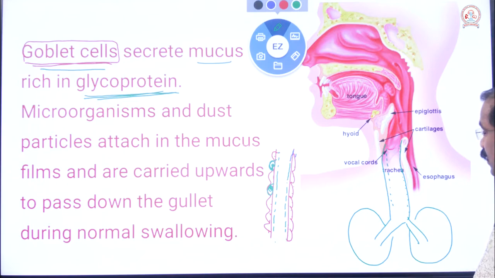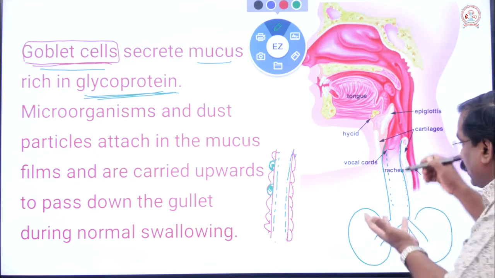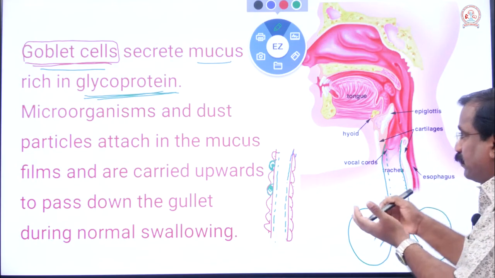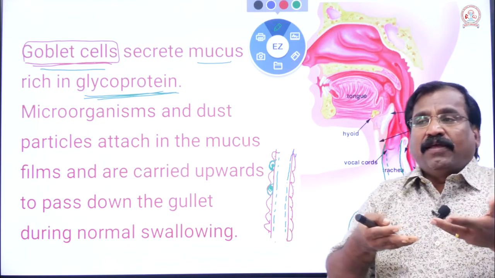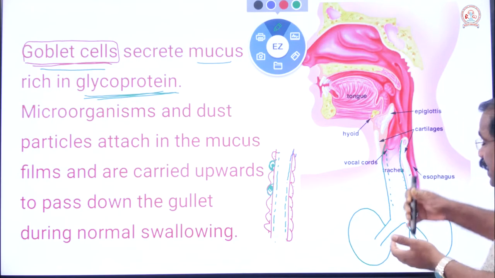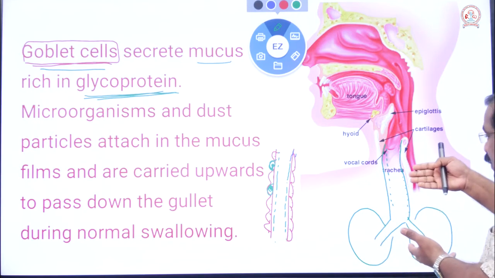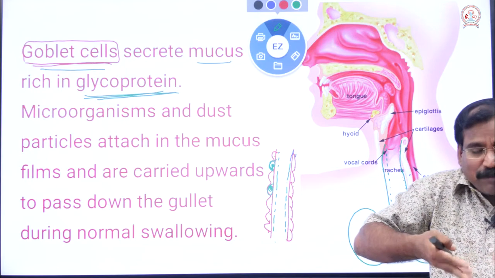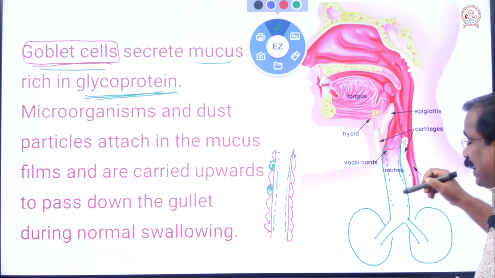Once they stick, if they remain there, they may penetrate and enter into the body and mix with the blood. So what does it do? The trachea has some special hair cells, a ciliated epithelium, which lines it. The ciliated epithelium removes the dust particles and other things attached to the mucous membrane.